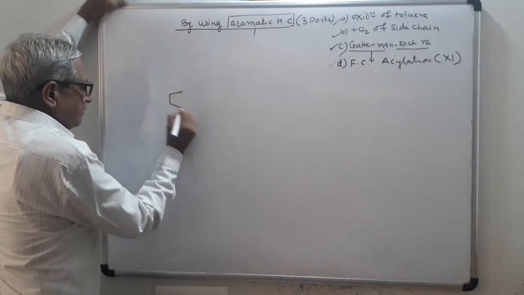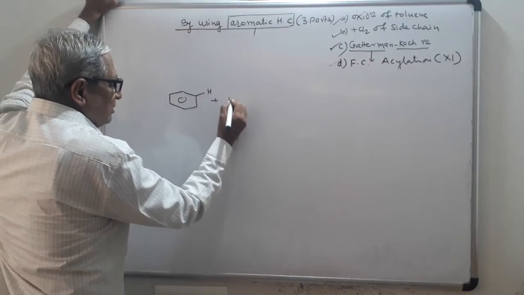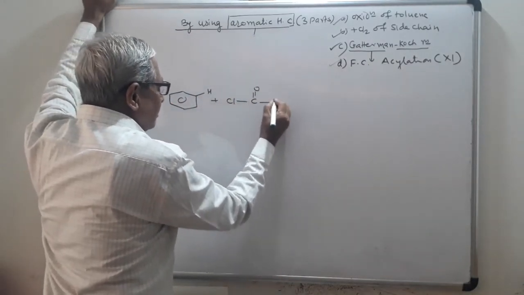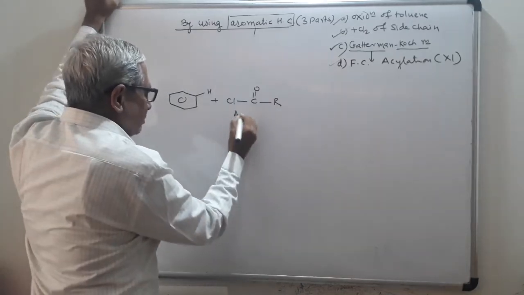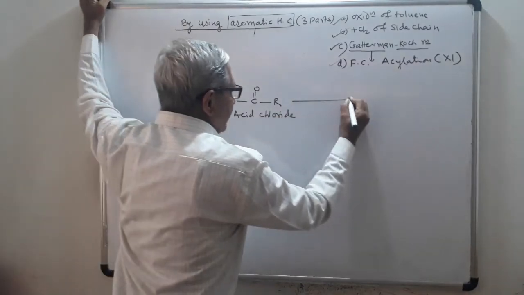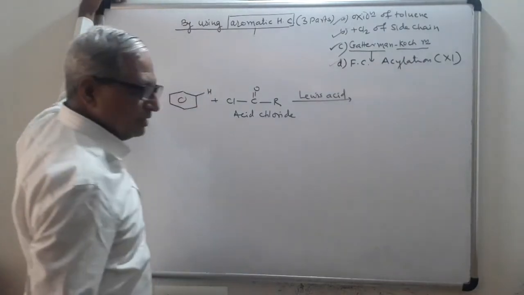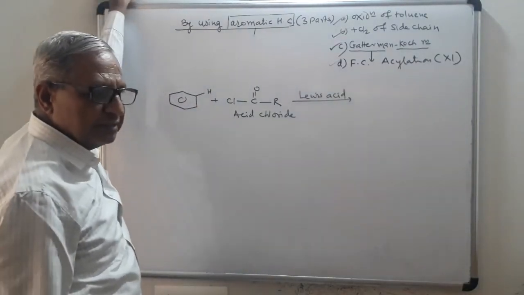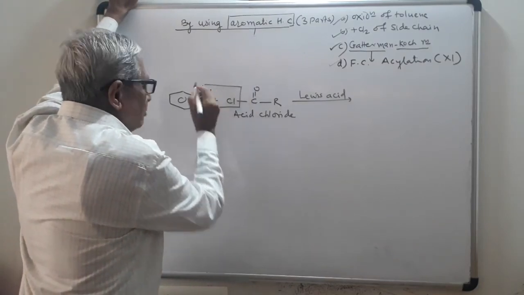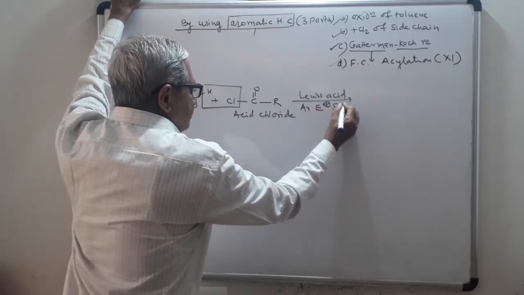In this reaction, benzene ring is treated with acid chloride, C double bond OR, which is called acid chloride. This reaction is carried out in presence of a Lewis acid such as anhydrous AlCl3, ZnCl2, FeCl3. During this reaction, HCl is removed. The type of reaction is aromatic electrophilic substitution reaction.